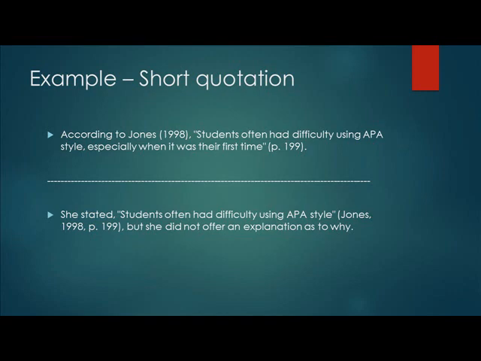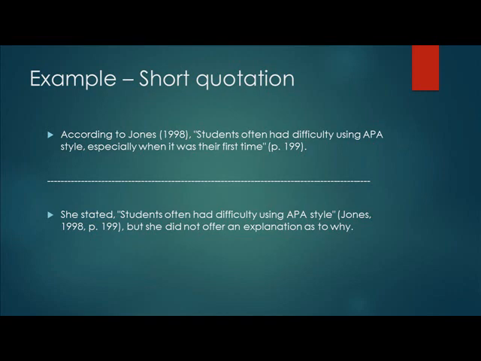And then it should look like this. So, the first one here. According to Jones, in 1998, students often had difficulty using APA style, especially when it was the first time. And what we can see here, author and date, they introduce the author, then they put the date in bracket, the year, that's the date, and then comes the quotation within quotation marks.